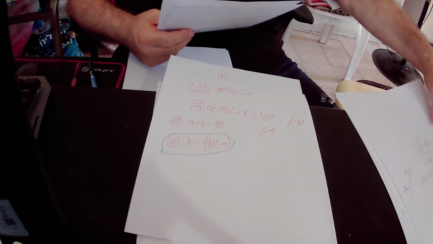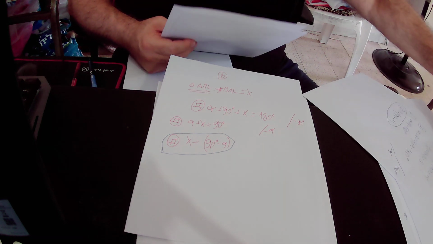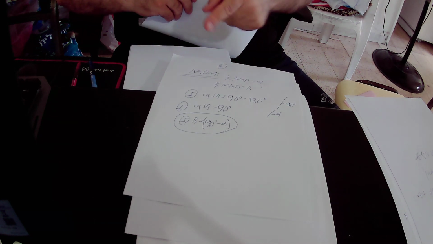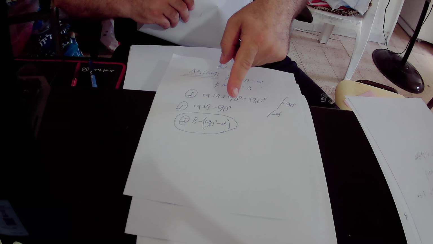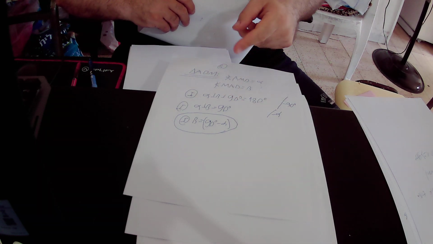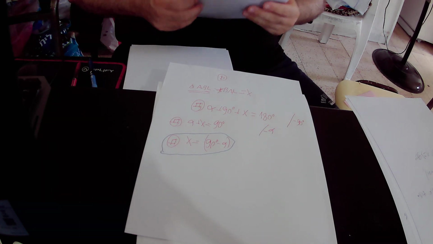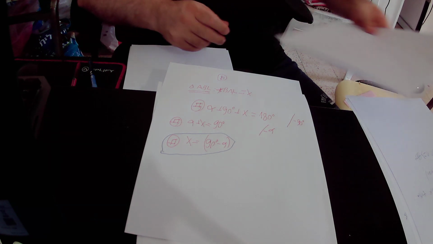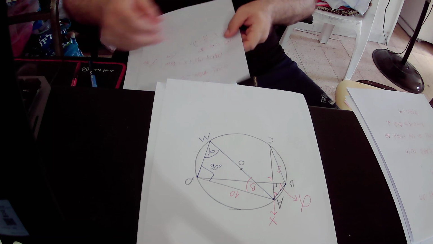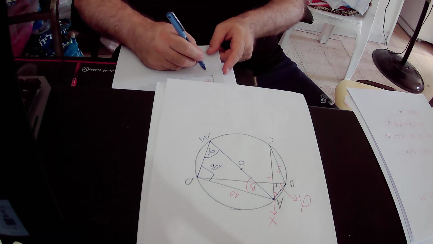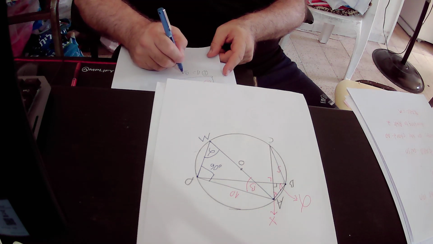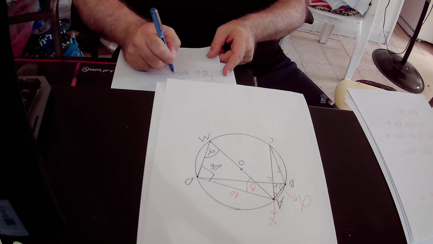But equation number 1 states that beta also equals 90 degrees minus alpha. Okay, so I will write it down. According to equation number 1, beta equals 90 degrees minus alpha.